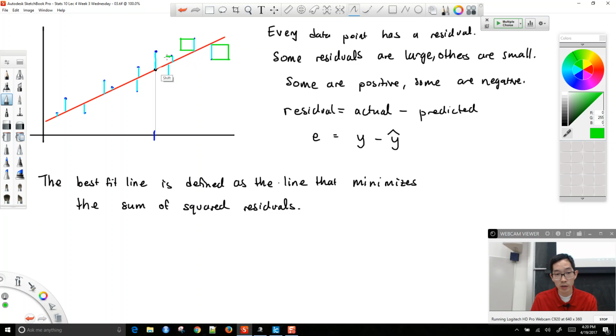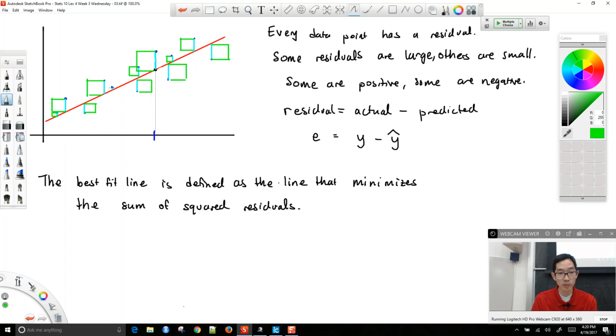All right, and we're going to sum up the total area of these squares. So we find the squares of all of these residuals, and then we add them up. So some squares are tiny, some squares are bigger. And what we want is we want to find the line that minimizes the sum of all of these squares.